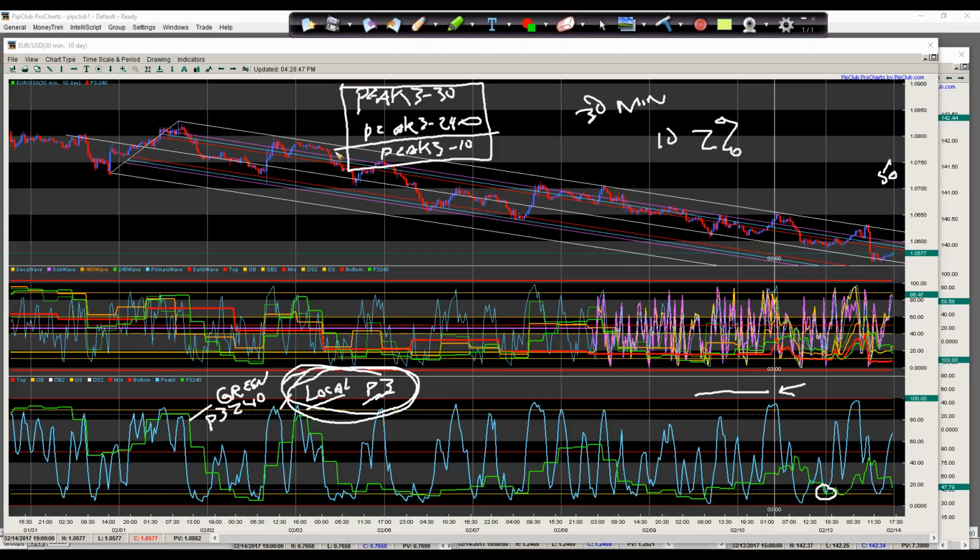Remember, Power 10 is what? Yeah, it's multiple peak 3s. It's the 10, the 5, and the 3. So there's only one place we put power 10. Where's that?